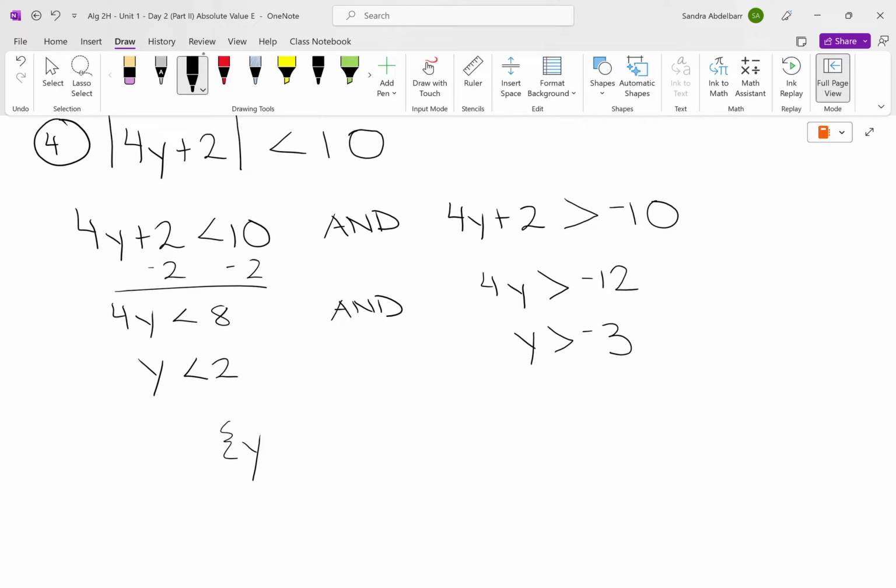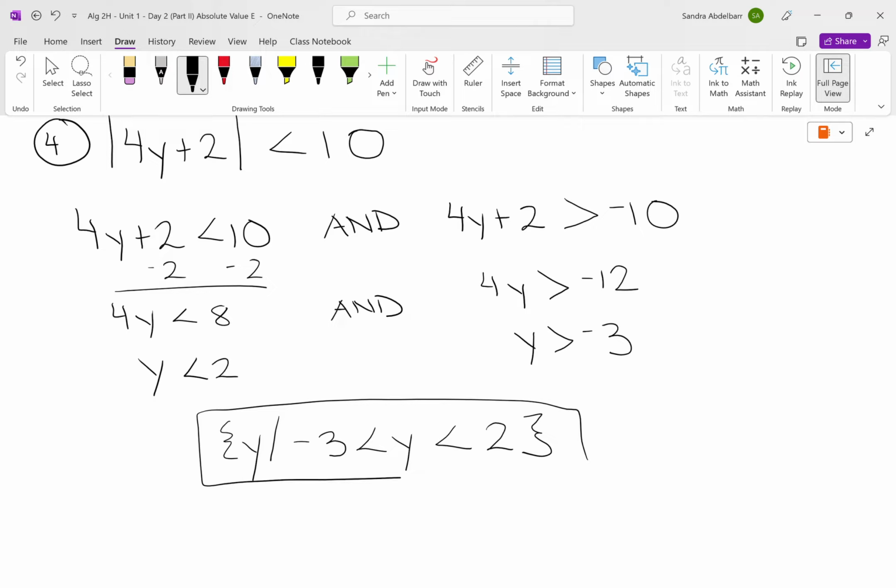So now we're going to write this, because it's an and, as one inequality altogether, y such that negative 3 is less than y, which is less than positive 2. If we were doing interval notation, it would be negative 3, comma 2.